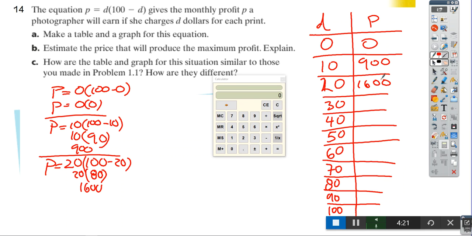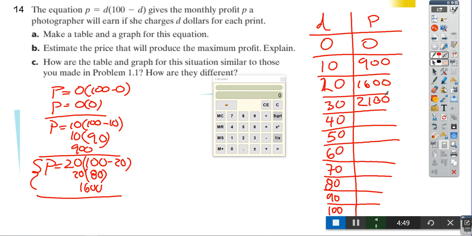Let's repeat the process. Now, obviously, this is good mathematics, but I'm sure at some point you're going to tire of watching us do this 10 times. Okay, Ethan likes it. He thinks it's amazing. But right now, I'm pretty sure that when I plug 30 in, I'm going to end up with 30 times 70.